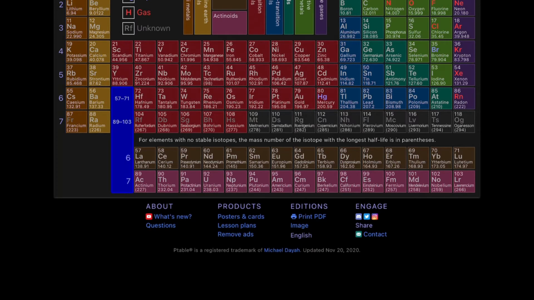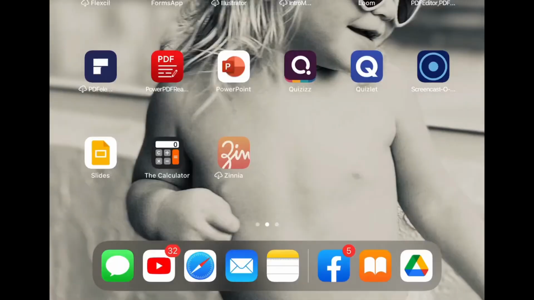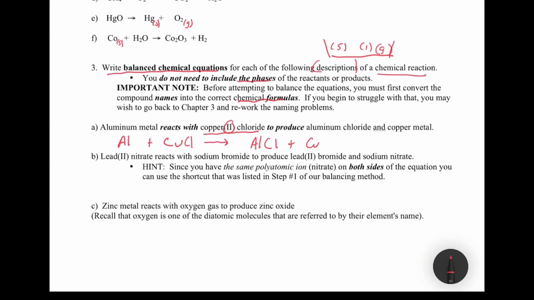Now let's go back. We'll keep switching back and forth a little bit. So let's go back. So we have aluminum, and then we have copper 2 chloride. So it's saying that we have 2, the power of 2 plus 2, right? And then chlorine is a -1. So we're going to do our crossover method. So now our formula is going to read, so far, aluminum plus CuCl2 is going to yield for us aluminum chloride, and aluminum is a +3.